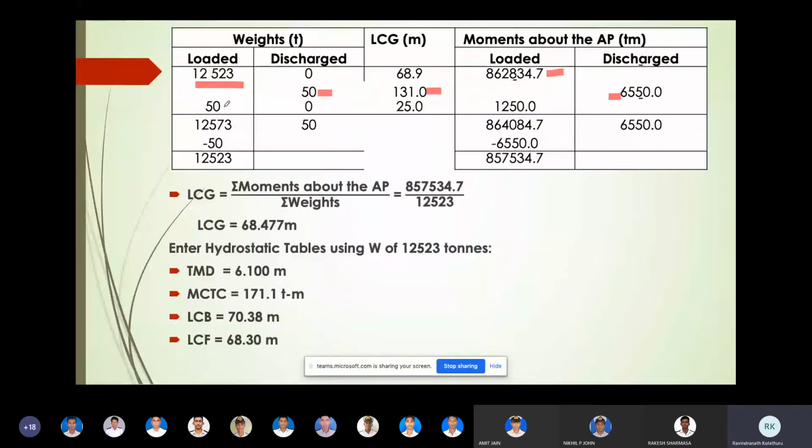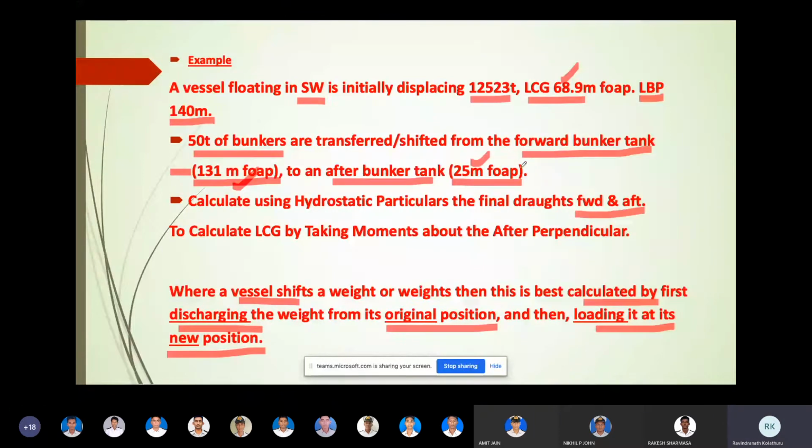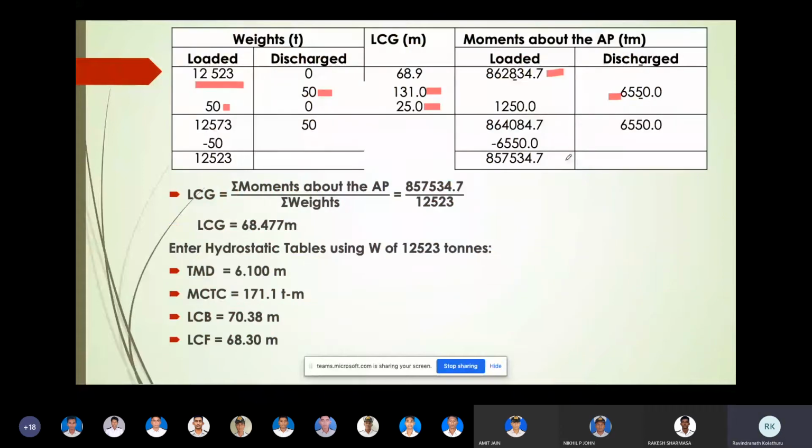Next, I will load the 50 tons at LCG 25. I've done nothing else. I've discharged from the initial point and then loaded again at the final point. So the first movement will be in the discharge section and the second in the loaded section.